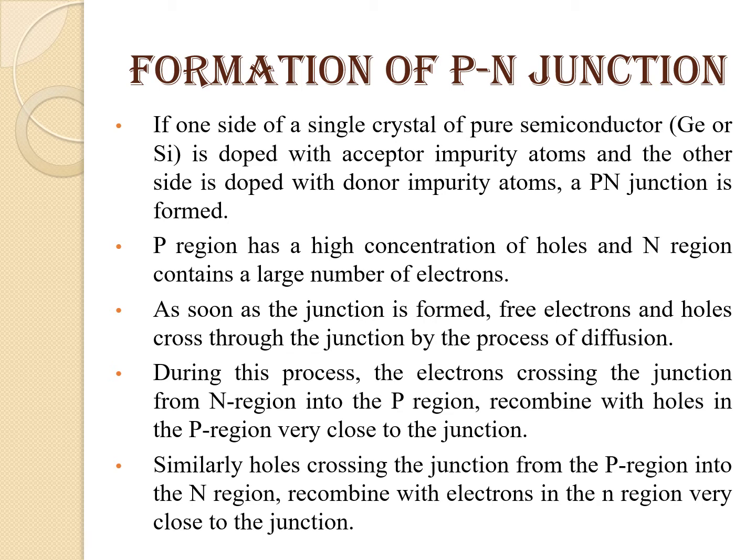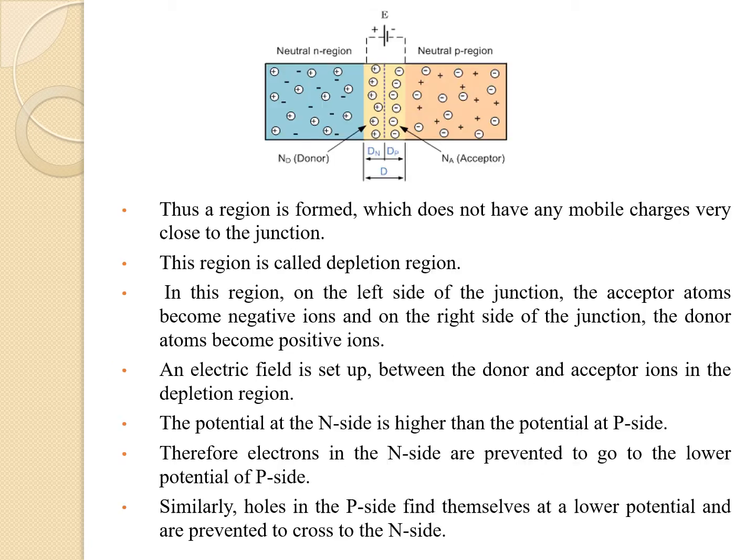As soon as the junction is formed, free electrons and holes cross through the junction by the process of diffusion. During this process, the electrons crossing the junction from the N region into the P region recombine with holes in the P region very close to the junction. Similarly, holes crossing the junction from the P region into the N region recombine with electrons in the N region very close to the junction.